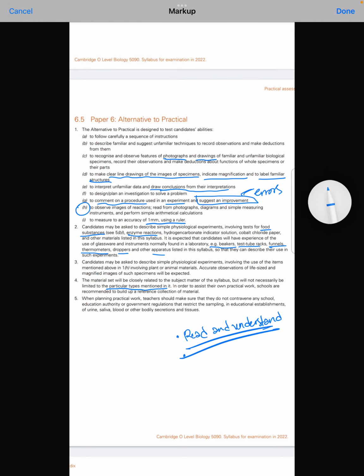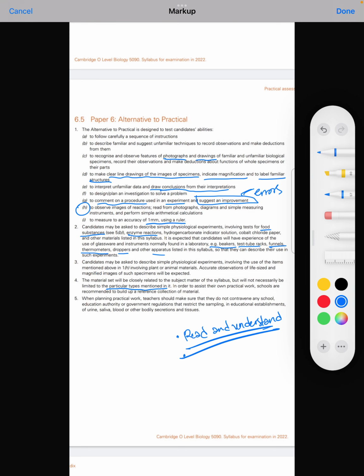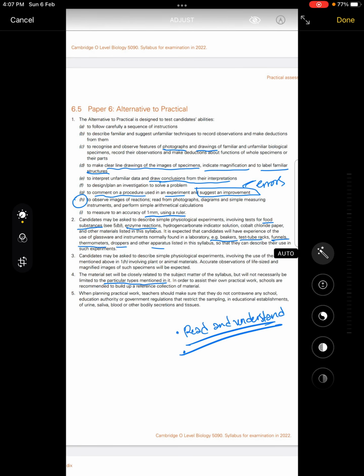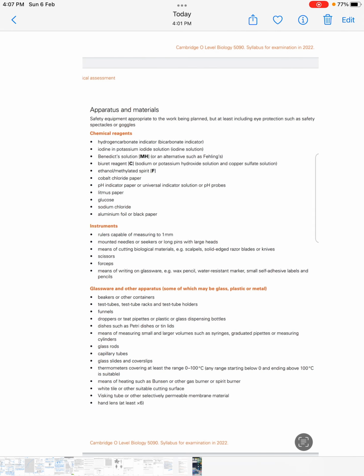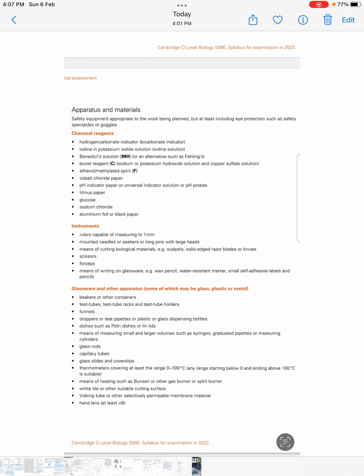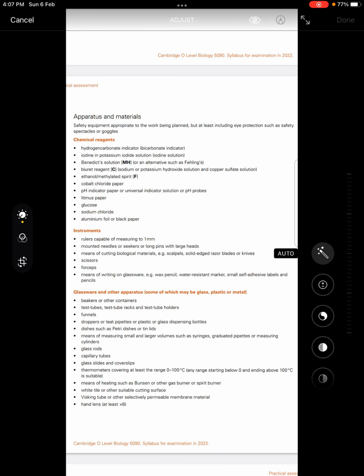I think I have another page for you that actually lists all the apparatus and the equipment that is used in the lab, for paper 3, and also that will be handy for paper 6, because you'll be asked not to draw or name them, but you'll be reading them in the instructions as well, so it's better to know what those are.